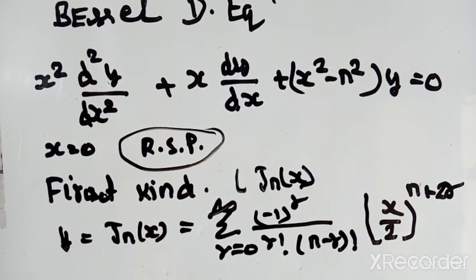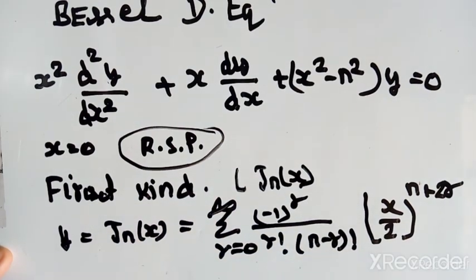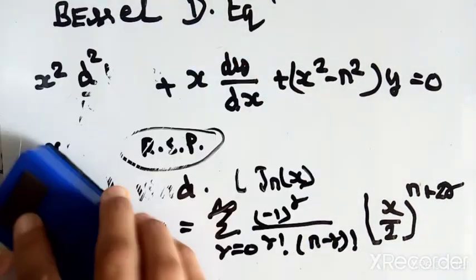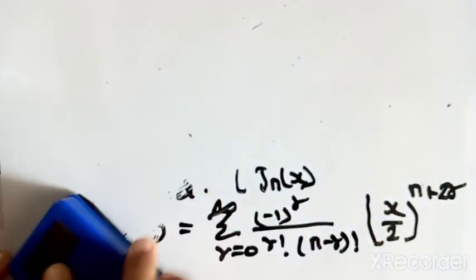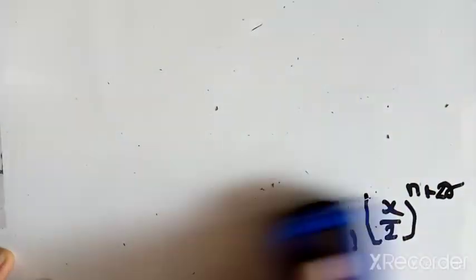Now we get some important results for solving numericals. You should remember these Bessel differential equations. Using the Bessel differential equation we find results, so use these results directly in numericals.